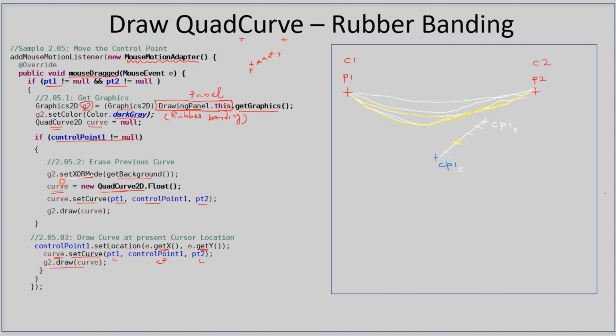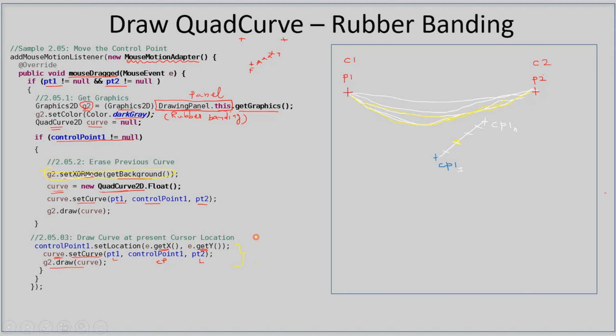So that's how the previously drawn one will get erased using the set XOR mode. And then here we will be drawing the new curve. So that way, when you move, you will see the curve follow your cursor location and it will show the curve rubber banding.